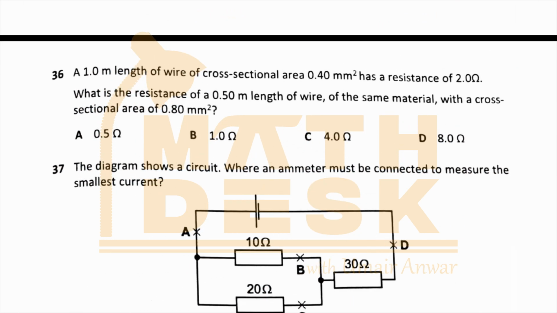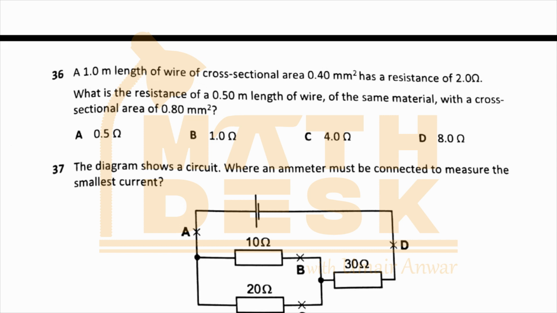The next question says a 1 meter length of wire of cross-sectional area 0.40 millimeter square has a resistance of 2 ohms. What is the resistance of 0.50 meter length of wire of the same material with the same cross-sectional area of 0.80 millimeters square?